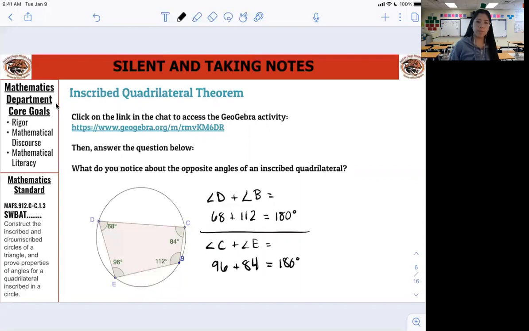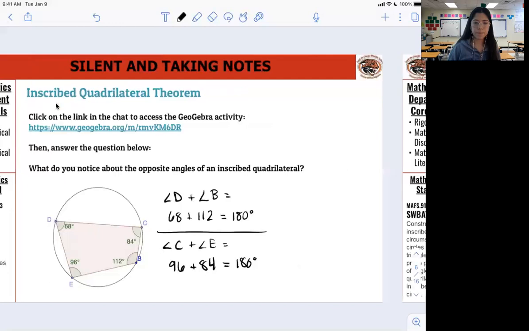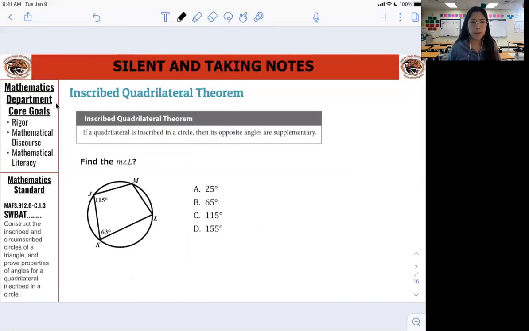It's pretty simple. When you have a quadrilateral that is inscribed in a circle, the opposite angles add up to 180 degrees. Do I have any questions on that so far? No. Okay. So there it is. It's called the inscribed quadrilateral theorem.